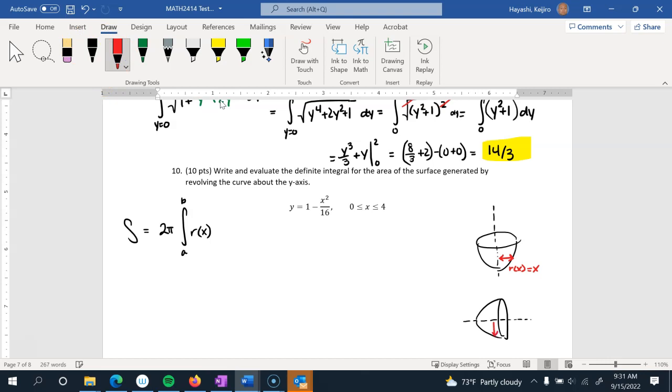Your radius right here, it's not x anymore, it's y. But you wouldn't call it y. You would call it whatever your f of x is. That's how you would describe the radius. Because the radius, no matter what kind of axis you're rotating around, is always perpendicular to the axis you're rotating around.